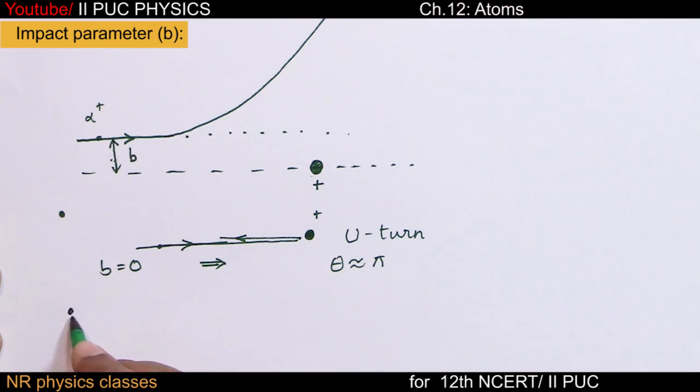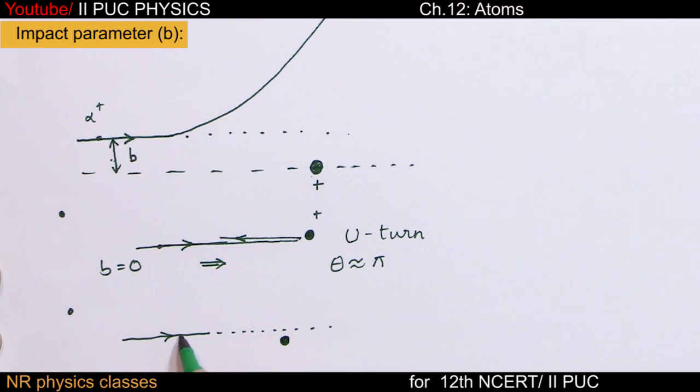Second case, small impact parameter means large scattering. This is the direction of the alpha particle. This is the nucleus. Look at the direction of incidence. The direction of the initial velocity vector is very close to the direction of the nucleus.